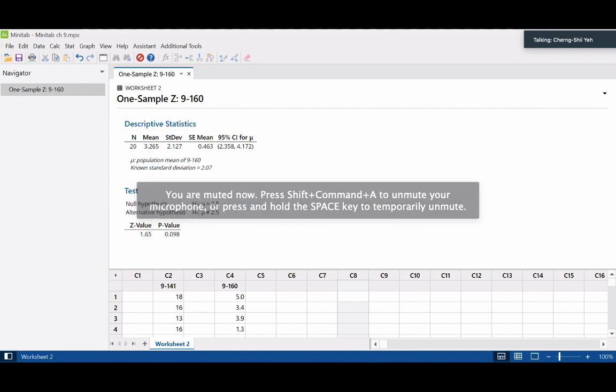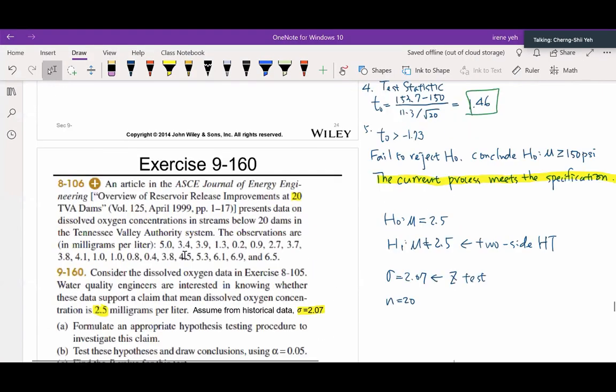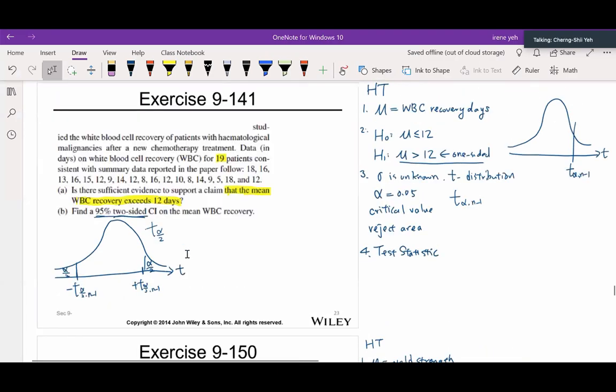Let's go back to here. Let's go back to my OneNote. I want to show you another example that we did last time. We also went over this one. This is the white blood cell recovery days. Okay. So here we have 19 patients, and we're reported their white blood cell recovery days.